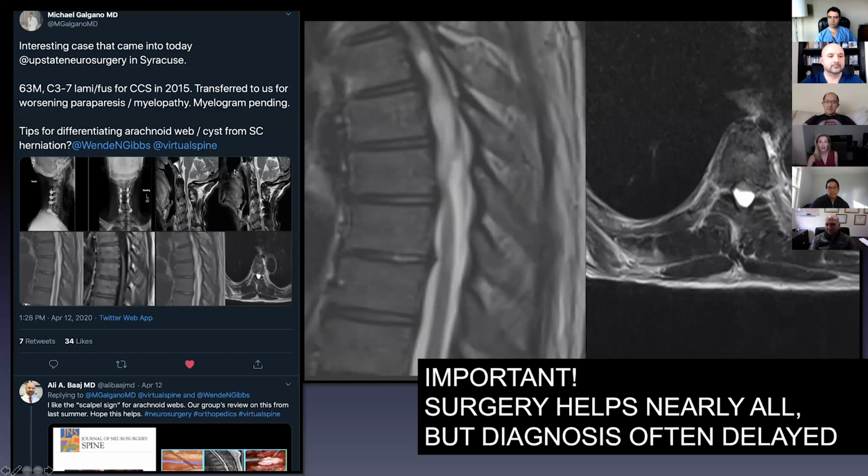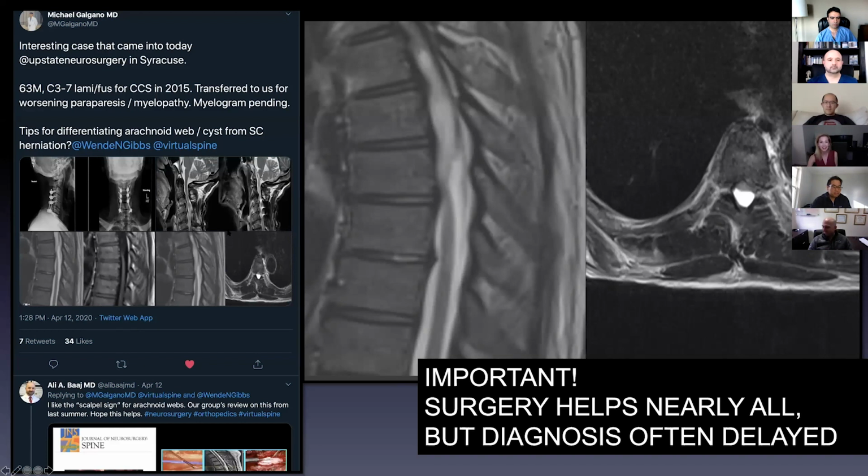Great question, a very difficult question. And you can see down here, our own Dr. Baj immediately answered with one of his papers because he already knows all about this. But like I said, there were a lot more questions, and even unrelated to this post, this question has been posed a lot in radiology circles as well. It's a very difficult one. And the reason it's important is because these patients, whether they have arachnoid web or spinal cord herniation, can almost all be helped by surgery, right?